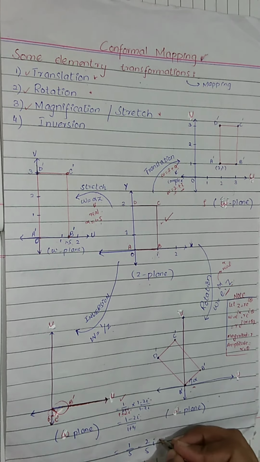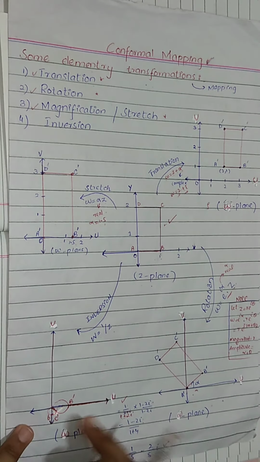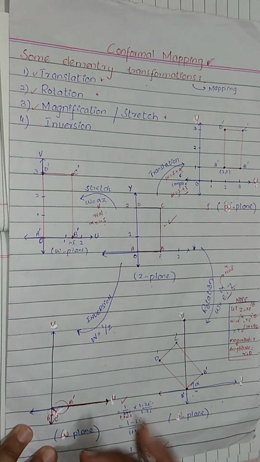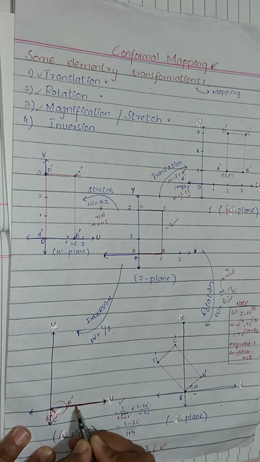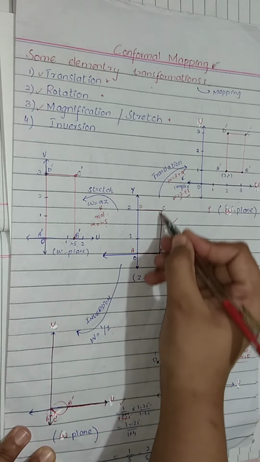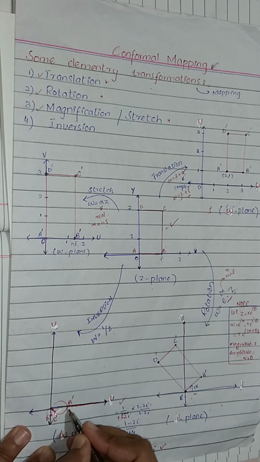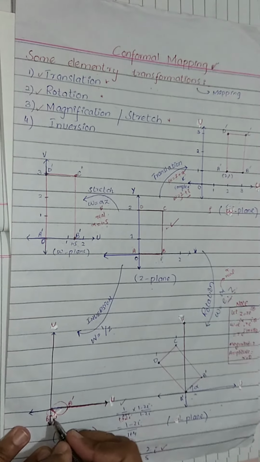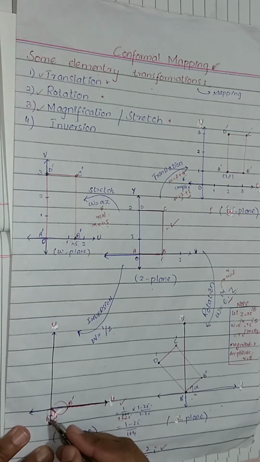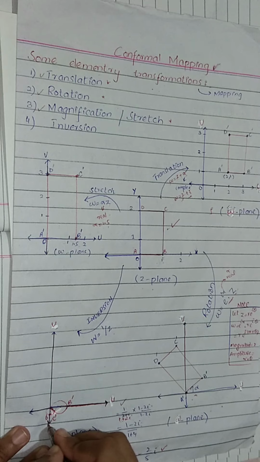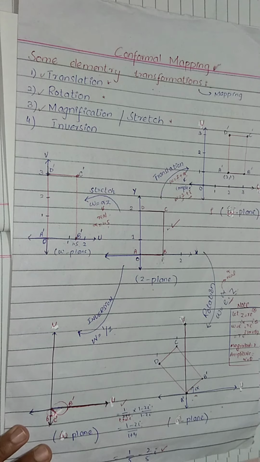When we plot this function's graph in the W plane, it will become like this. Our A point is this and B point is this, and our C point moves from this point to this, and C to D moves from this point to this point.